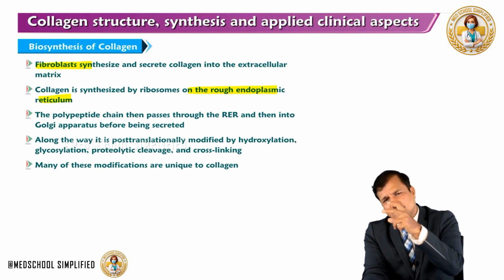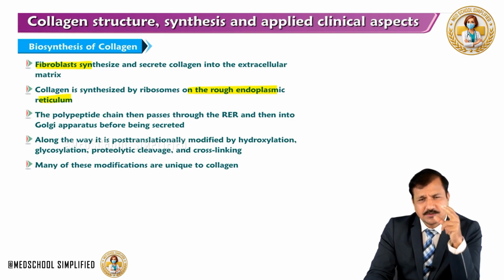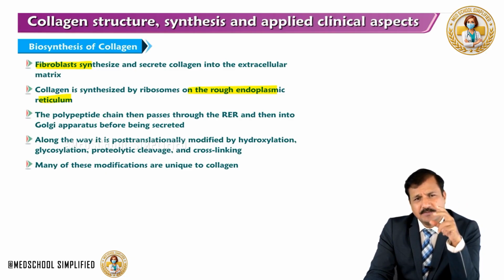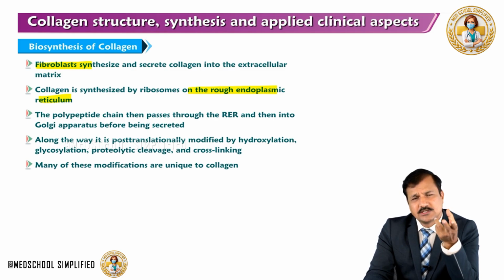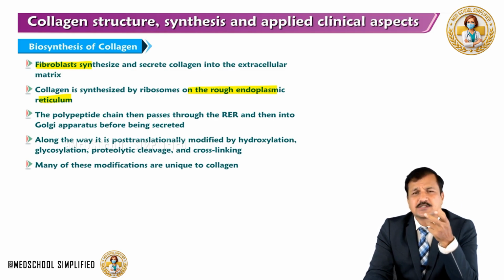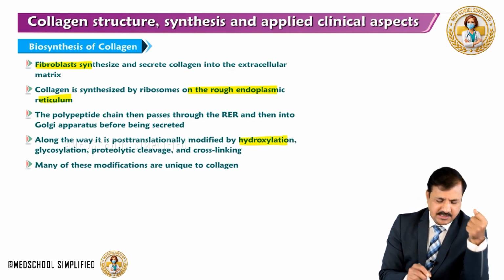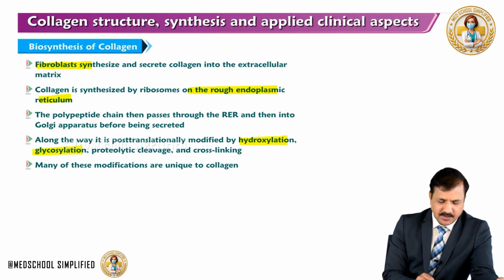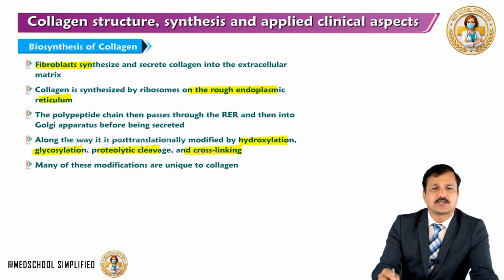So, it goes from the ribosomes into the lumen of the endoplasmic reticulum, into the Golgi complex, and then into the extracellular matrix, where there are many processes referred to as post-translational modification. Some of the post-translational modifications that happen to the collagen molecule, to name a few, are hydroxylation, glycosylation, proteolytic cleavage and cross-linking.